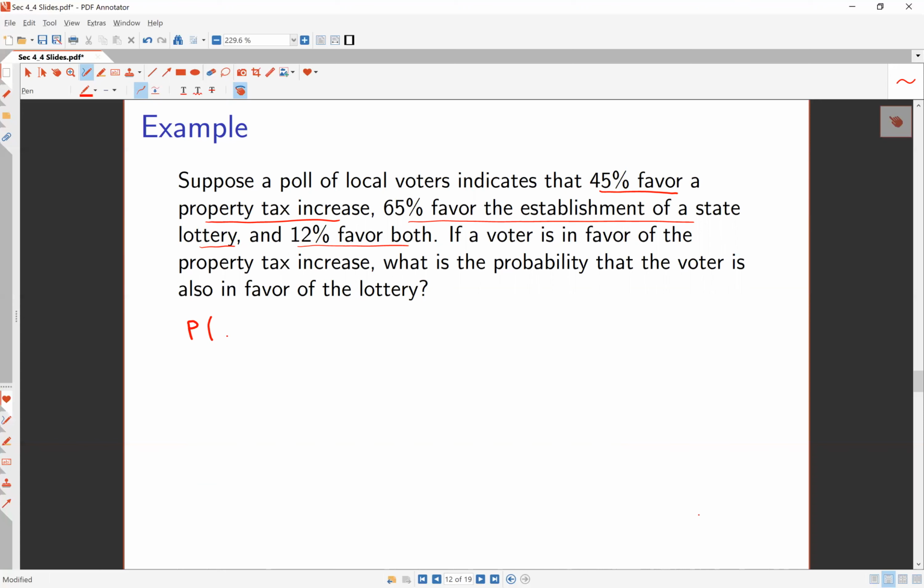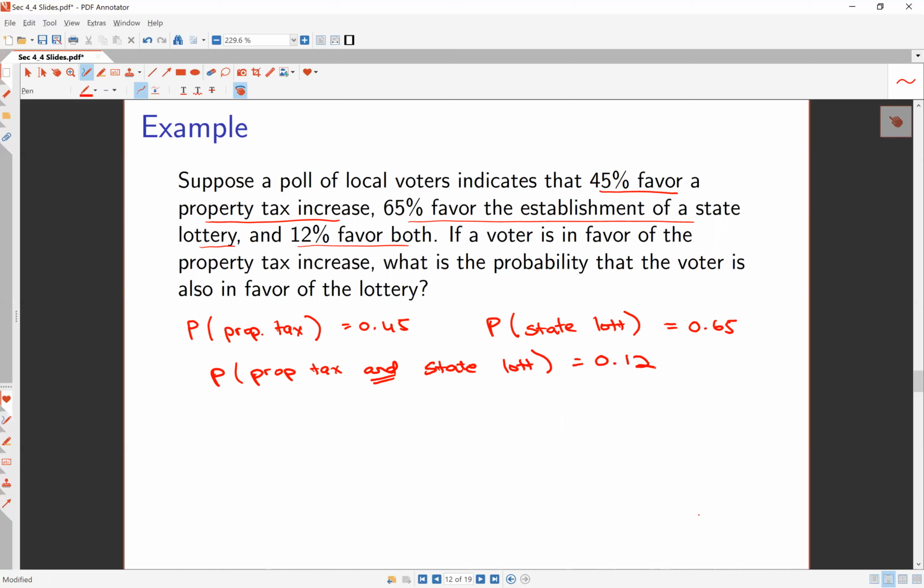So probability that someone favors a property tax increase is 0.45. The probability that they favor a state lottery is 0.65.